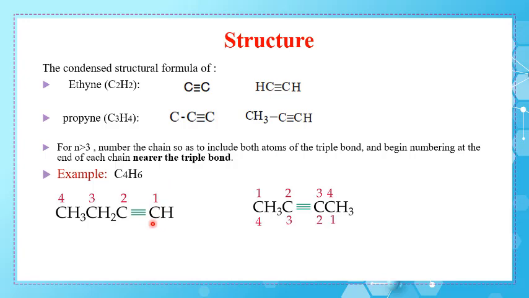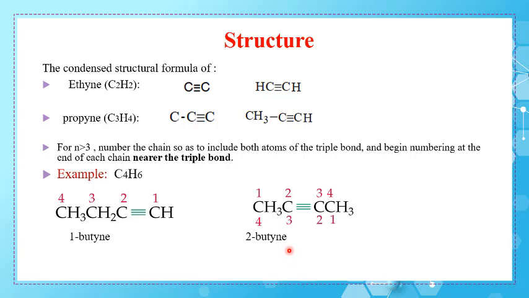So we must number from here, and the position of the triple bond is on the first carbon atom, and we have 4 carbon atoms, so the nomenclature is 1-butyne. 1 according to the position of the triple bond, and butyne because we have 4 carbon atoms.